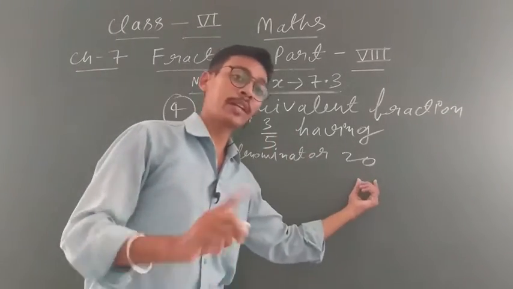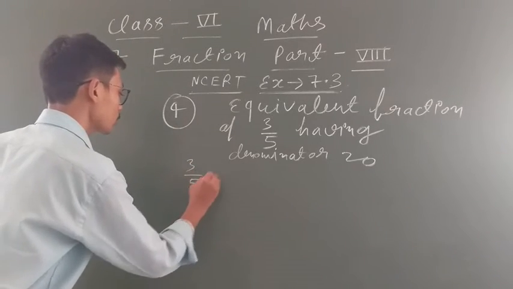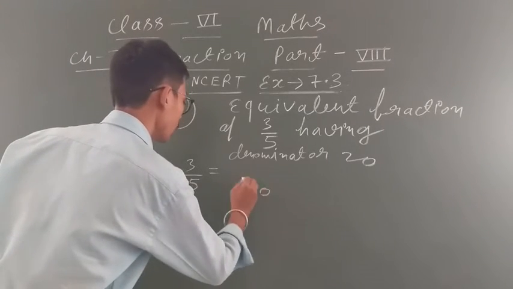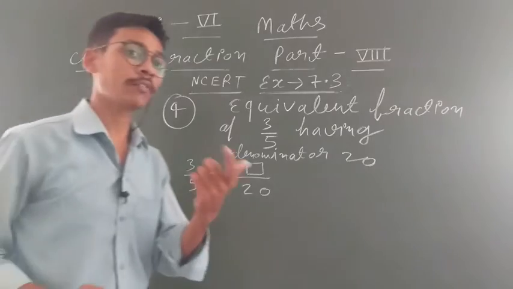It means the value of the denominator is 20, given already. It means you will write down 3 upon 5, student, okay, and the value of the denominator is 20. So 20 you will write down, and here it will become what? Box. Here it will become box. Okay, student, we have to find out the value.